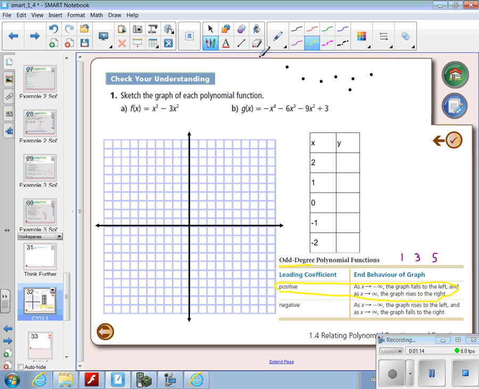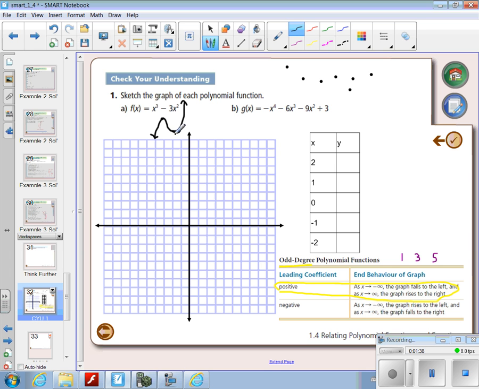Also, before I get in too closely, I'll notice that for an x cubed graph, we're talking about 2 critical points. I'm going to sketch a little approximation up here. We're talking about a max and a min, also called a hill and a valley.